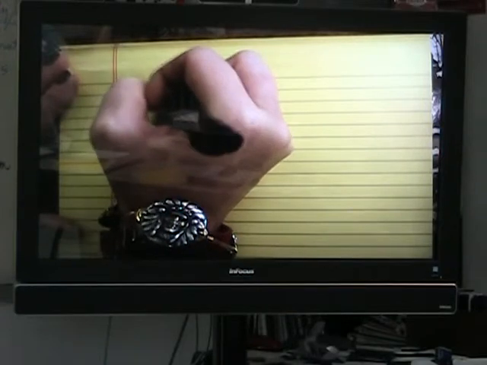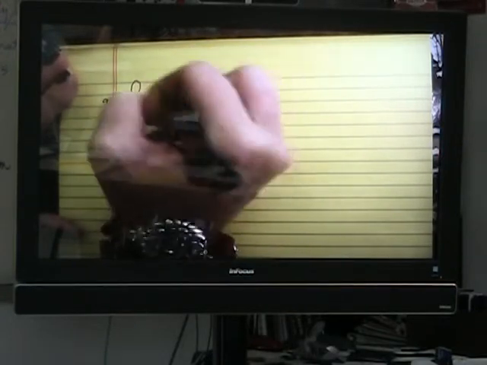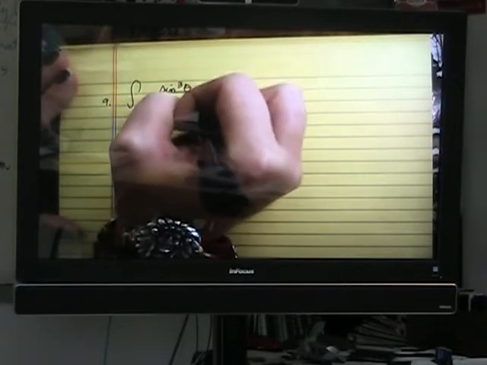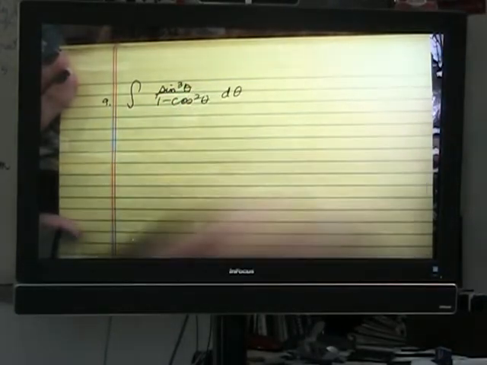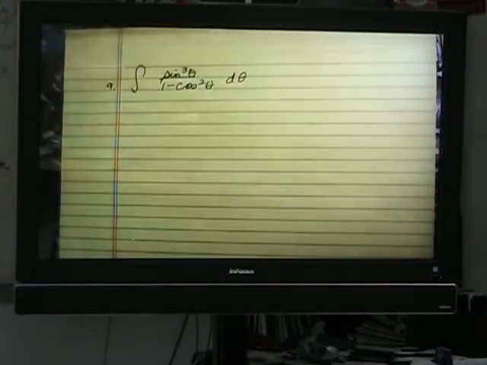Okay, so I'm taking the integral of sine cubed theta over 1 minus cosine squared theta d theta. And so if that 1 minus cosine squared theta isn't jumping off the page and smacking you right in the face, you don't know your identities, right?